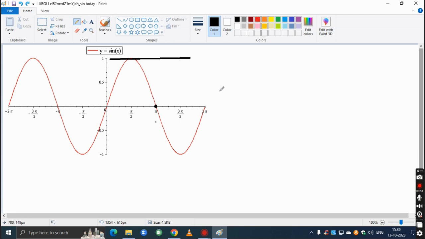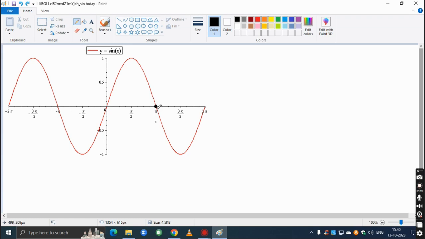So it's not steep at all. The steepness is 0. So that's why I haven't chosen the derivative of sine x at x equals pi by 2, because it's obviously 0. Even over here it's 0. Even over here it's 0. Even over here. So these are called maximas and minimas. So we'll discuss about that later.